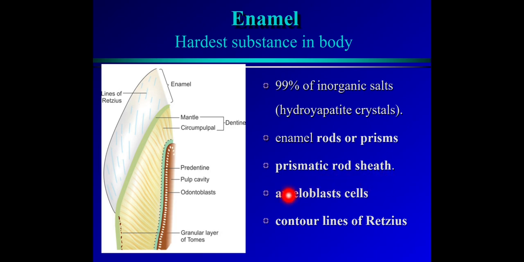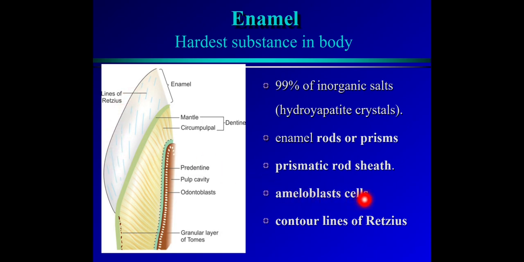This enamel is laid down by the ameloblast cells. Ameloblast cells line the surface of the enamel. In the developing tooth, the surface of the enamel is lined by the ameloblast cells.